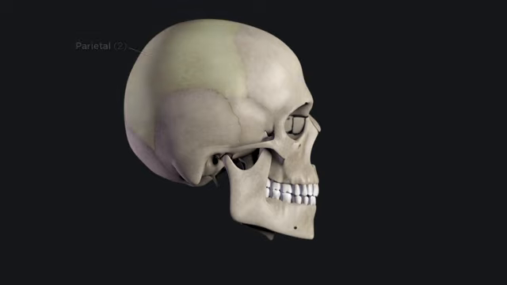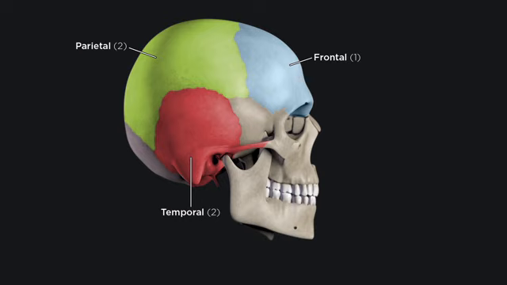There are a pair of parietal bones that make up most of the dome or vault of the skull, a pair of temporal bones on either side of the skull, a single frontal bone in the forehead region, as well as a single occipital bone at the posterior skull.